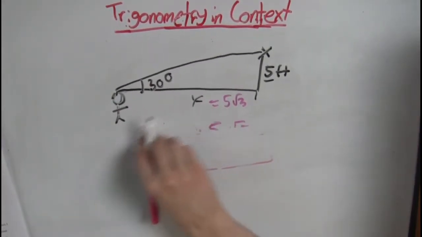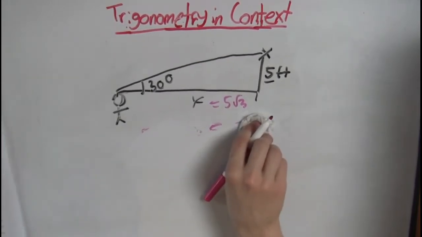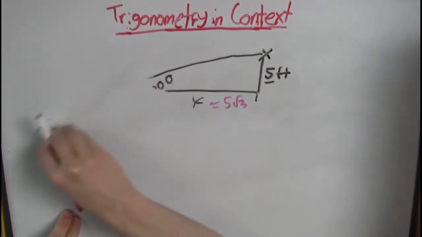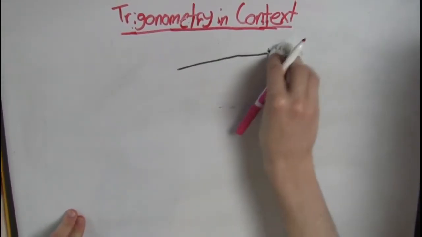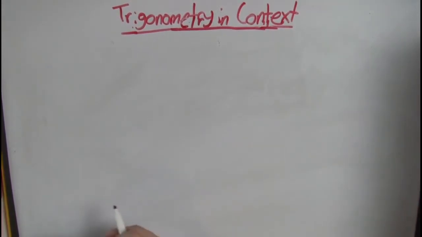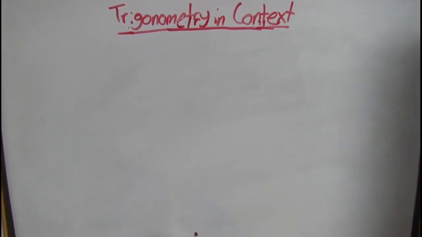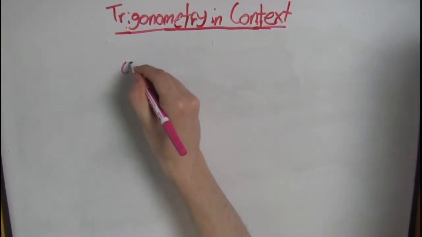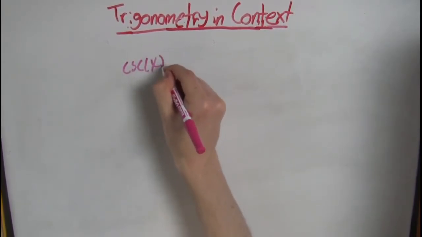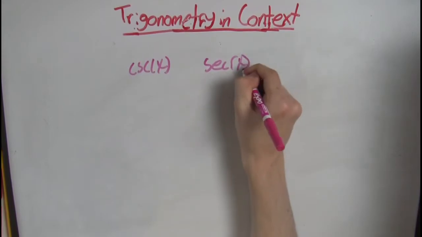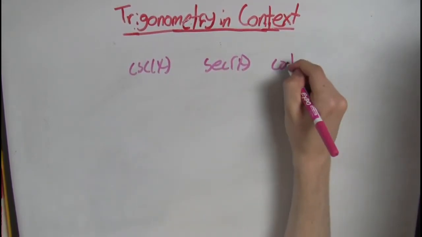All right. Let's do another type of problem, more, shall I say, tricky. But in order to do that, we're going to have to introduce 3 more functions. They're called reciprocal functions. So we know sine, cosine, and tangent. But today, I'm going to introduce cosecant, secant, and cotangent.